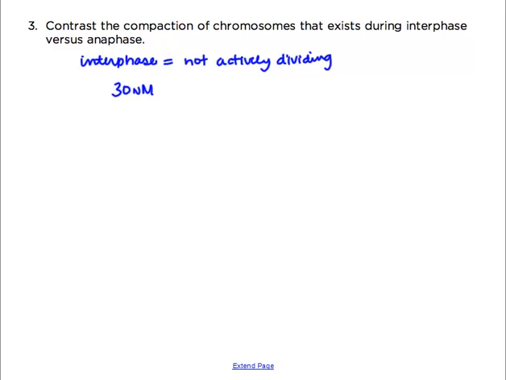And that's just how it normally is when the cells aren't dividing. And remember that the 30 nanometer fiber is the helical arrangement of nucleosomes. That gives a total of 42 times more compaction than just naked DNA double helix. So I'll just write 42x.